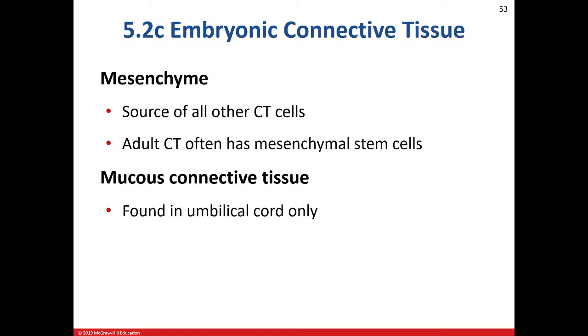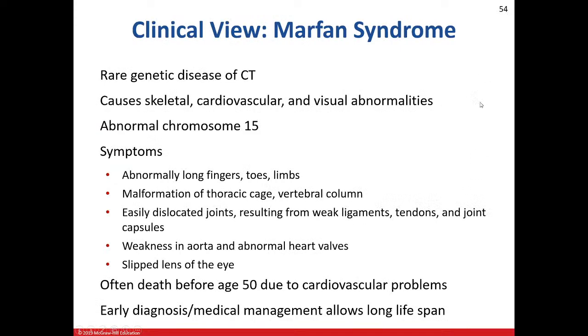Adult connective tissue often has mesenchymal stem cells. The mesenchyme was a developmental tissue, and there's a population of mesenchymal stem cells that stick around and they divide to replace connective tissue cells. The mucous connective tissue is found only in the umbilical cord. So that's all we're going to say about the mucous connective tissue.